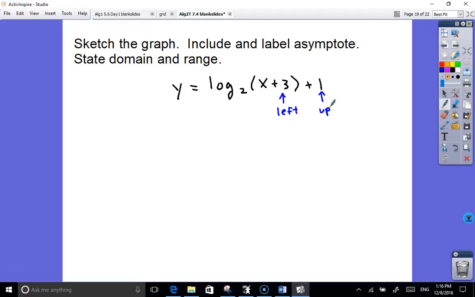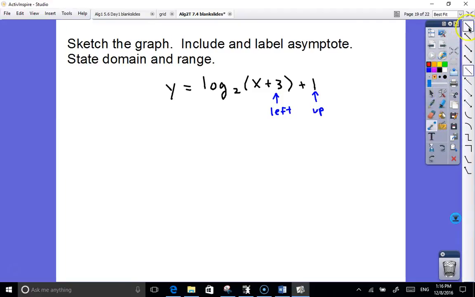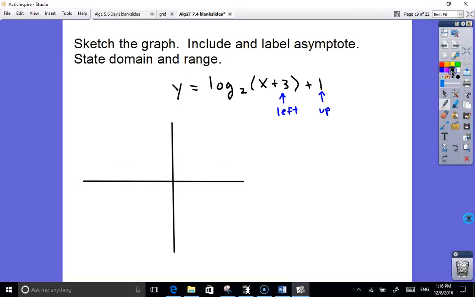So when we graph, the first thing you have to do is get the asymptote in the right place. So let me do that. Solid line, black. We're going to go left 3, so maybe I'll put it about right there. And tick marks.